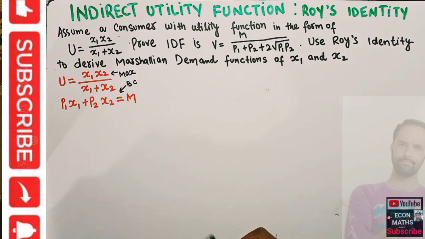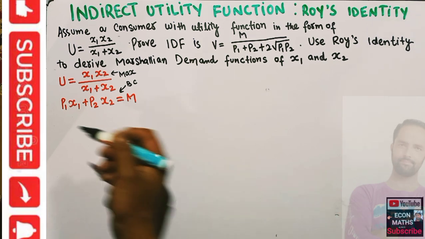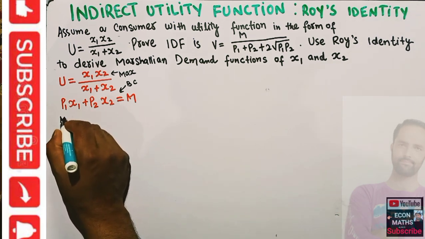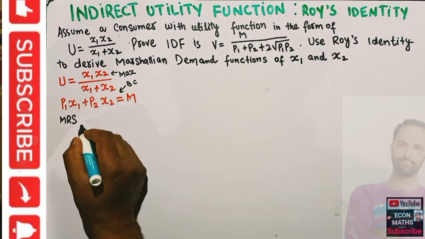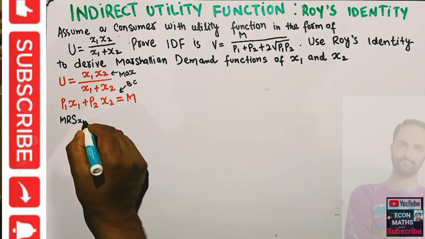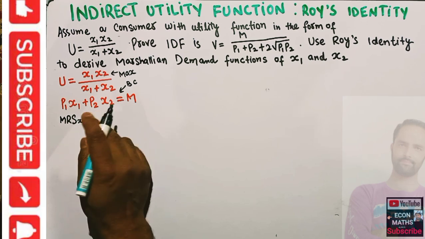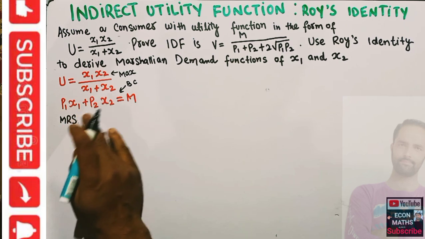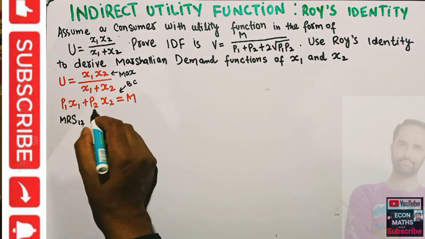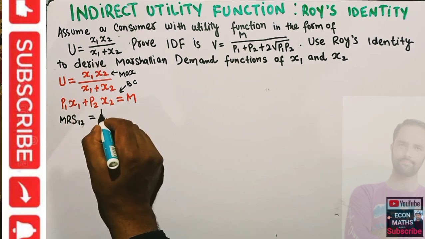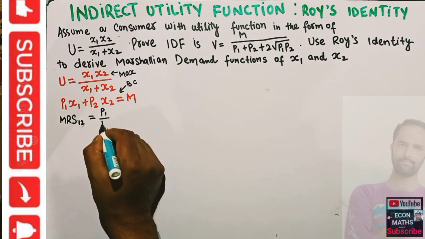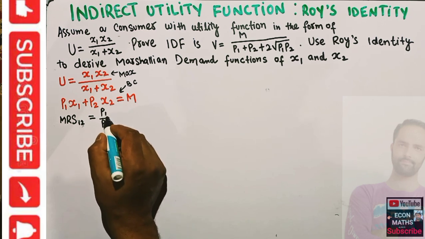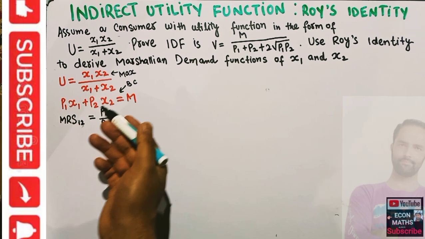Simply we use the tangency condition, that our marginal rate of substitution between two goods x1 and x2, MRS 12, should be equal to the price of good 1 upon the price of good 2, p1 upon p2.